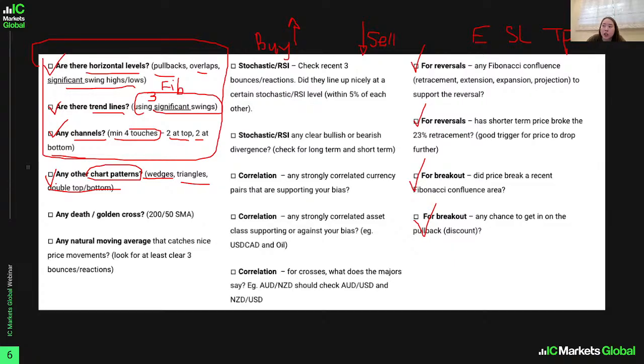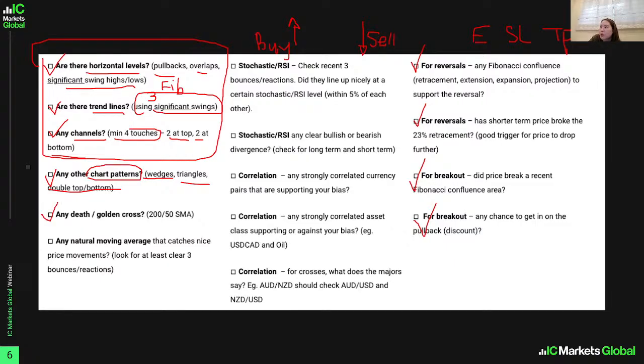So everything in trading is logical. There's nothing about trading that is emotional. We are collecting data and making a decision based on the data we have collected. The more data we collect that is pointing to the same direction, meaning pointing to a buy or a sell, the higher probability your setup is going to be. That's very simple to understand.